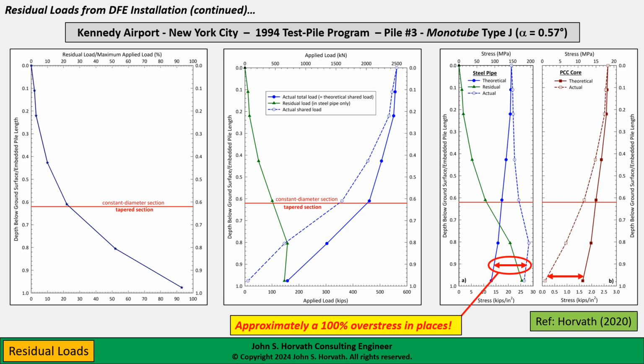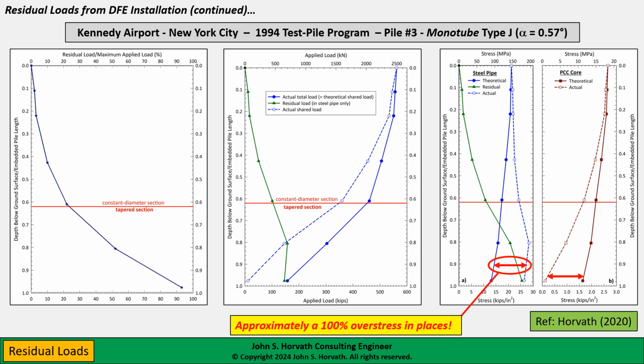And in fact, we see that the lower portion of the steel shell is actually overstressed by about 100% in places. What I mean is the stresses in the steel pipe are about twice what we think are there based on the traditional assumption of starting from a zero stress in both the steel and the concrete.